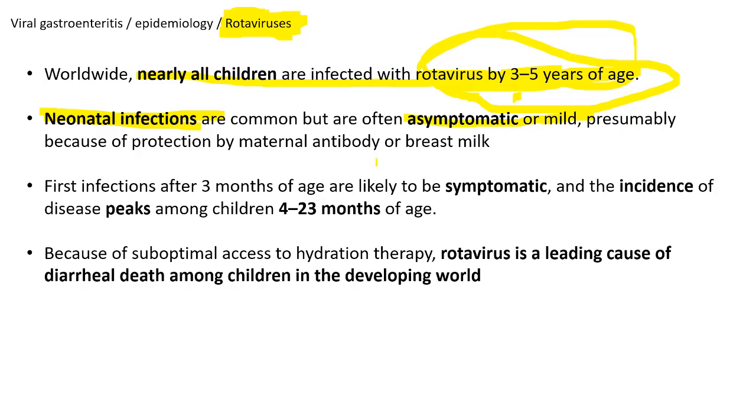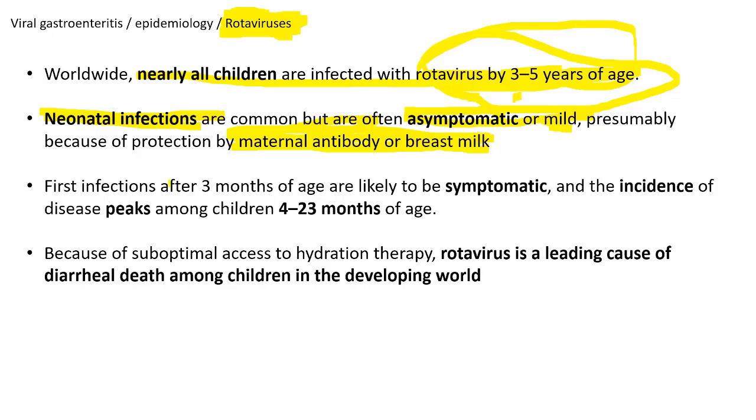They think that's because the neonates have antibodies that were given transplacentally during pregnancy from the mother, or afterwards through breast milk, and those antibodies provide some protection against the virus, so that the infection is asymptomatic, has very few symptoms, and is usually very mild.